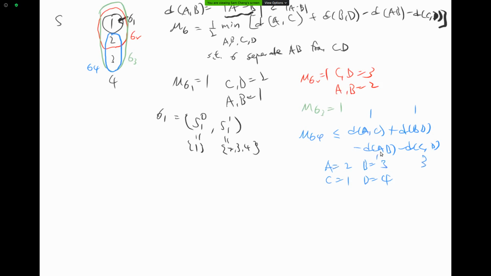So this gives me minus 2. So it's already less than zero. I'm not sure it will be the minimum value I can reach, but I can be certain that mu sigma 4 is negative. Since mu sigma 4 is negative, it won't be compatible with the other sigmas. Therefore, this sigma 4 is not valid.